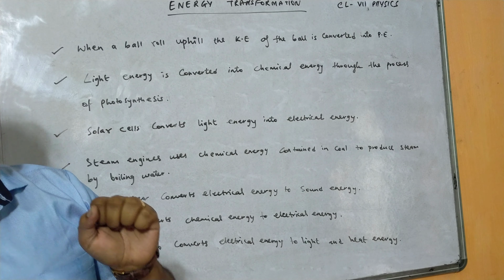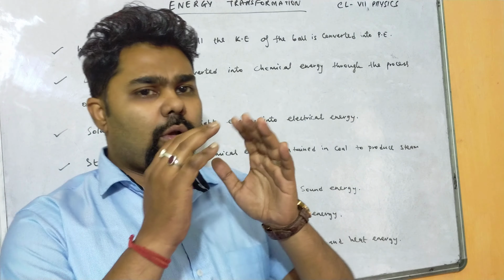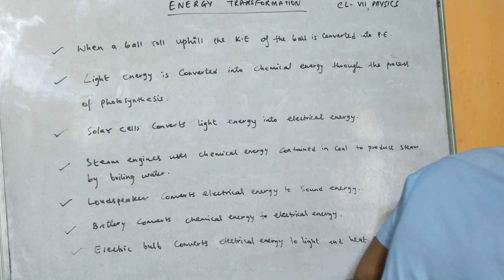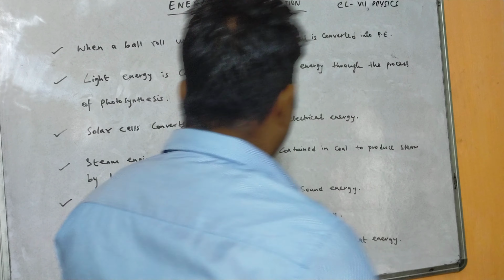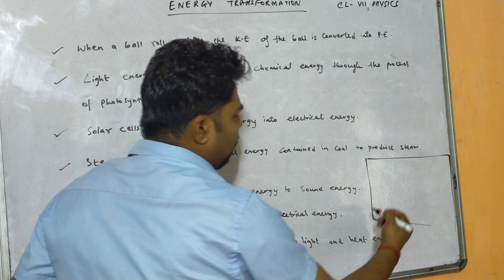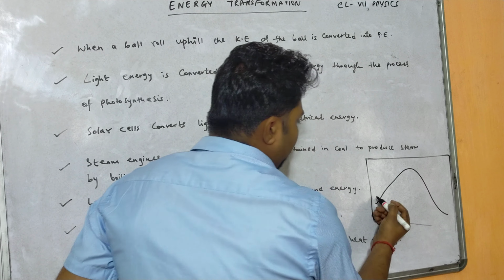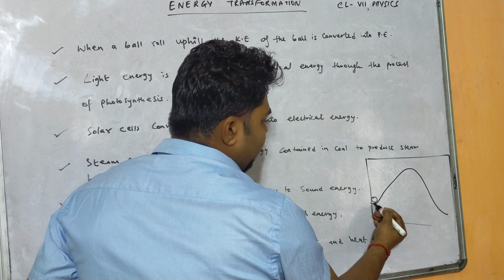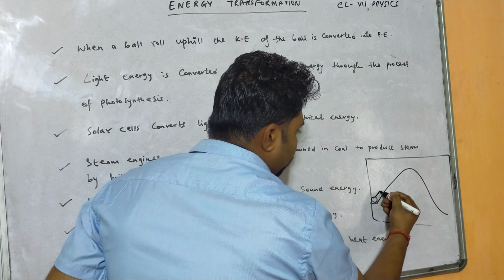The first point you see here: when a ball rolls uphill, the kinetic energy of the ball is converted into potential energy. Suppose we have a hill and the ball is at the ground level, and at this level it is being pushed up.